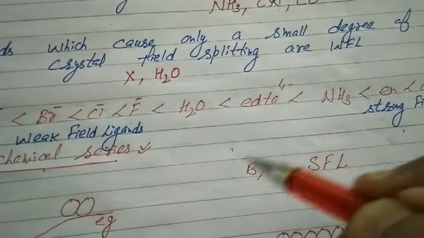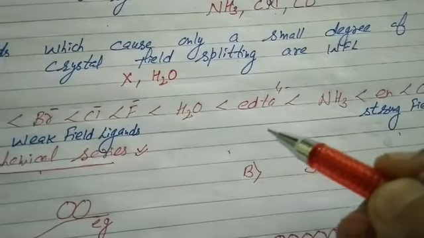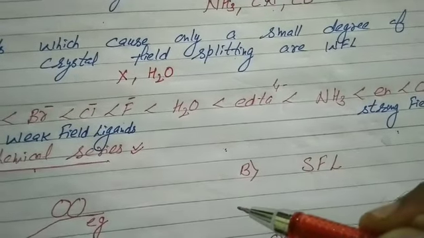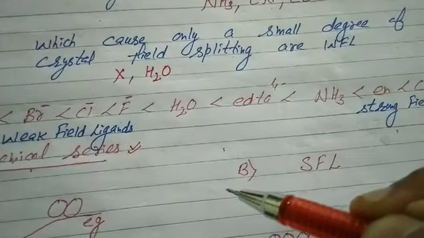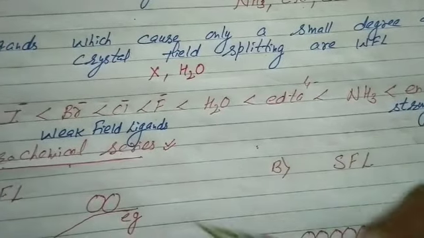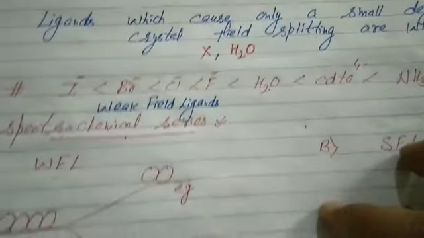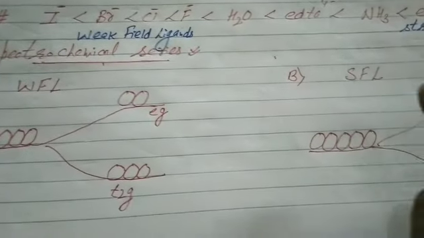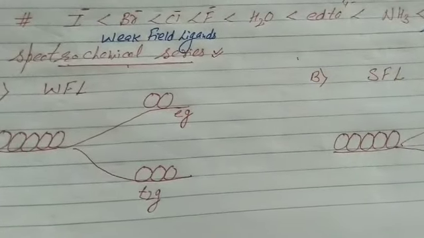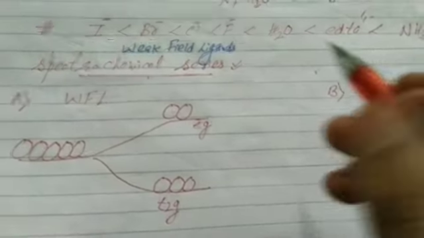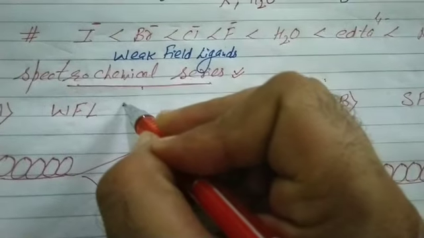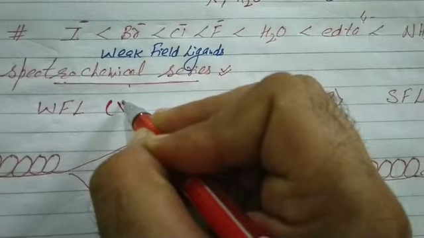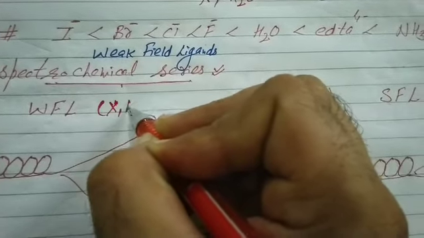An electrochemical series is the arrangement of metals in decreasing order of their activity. Now this is the spectrochemical series. Again, weak field ligands mentioned in NCERT may be a halogen atom or water.